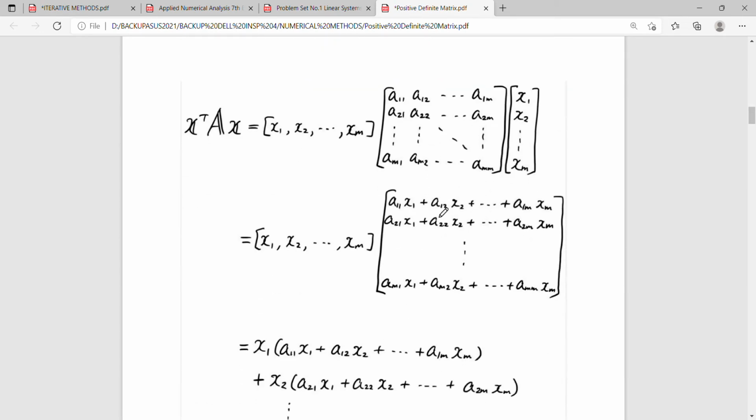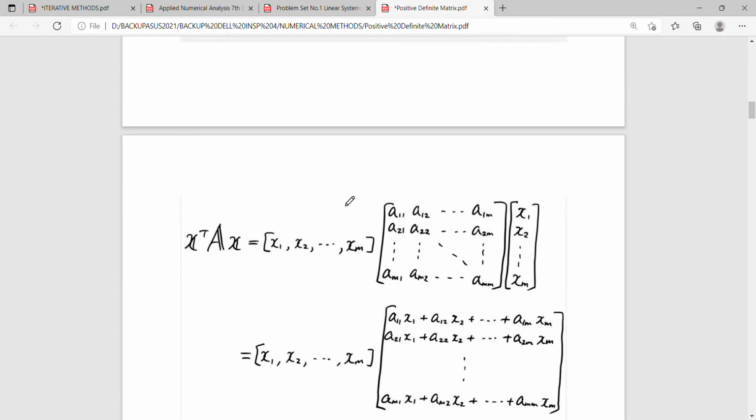Let's write now the quadratic form in explicit notation, the expanded form. This is now your row vector multiplied by a matrix, and then this is your column vector.